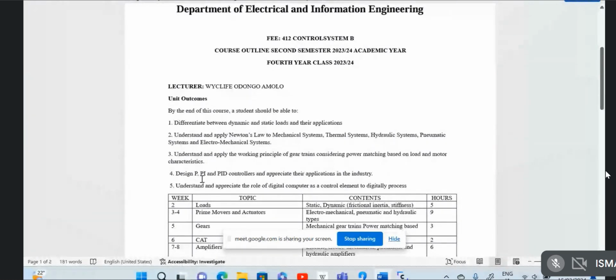Design P, proportional integral, and proportional integral and derivative controllers, and appreciate the application in the industry. Then understand and appreciate the role of digital computers as a control element to digital processes.